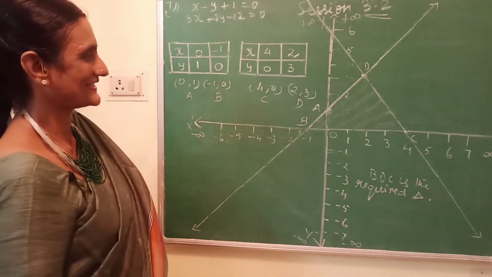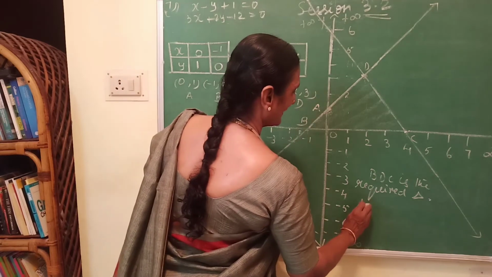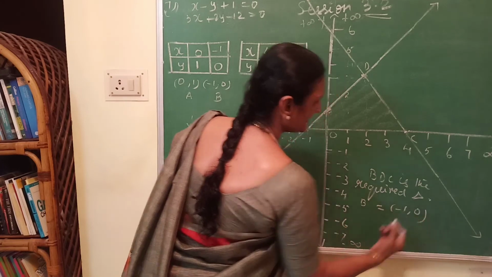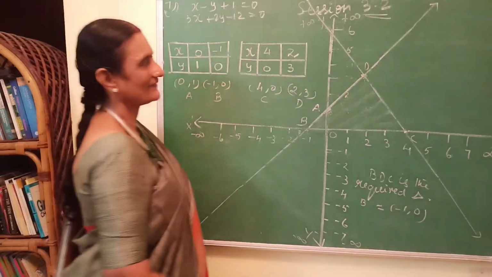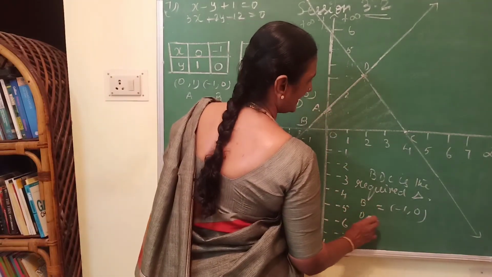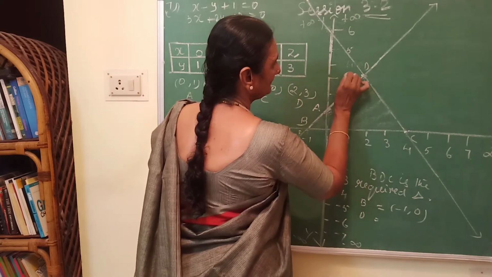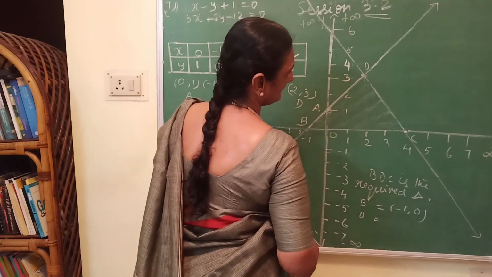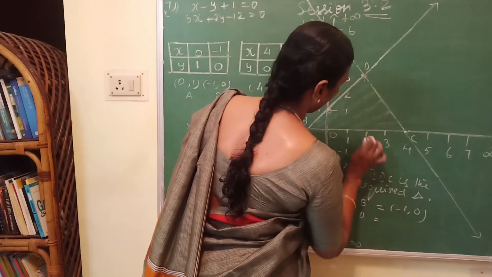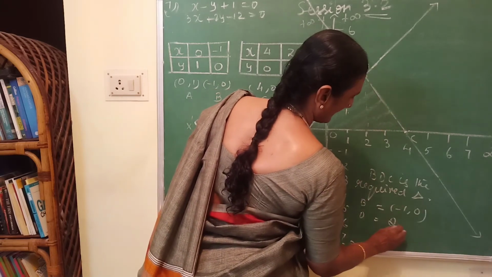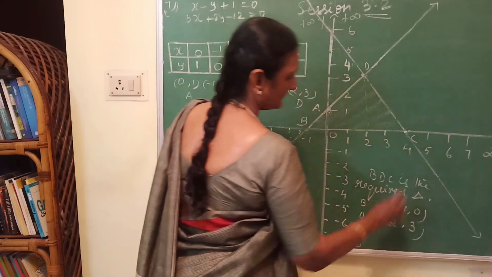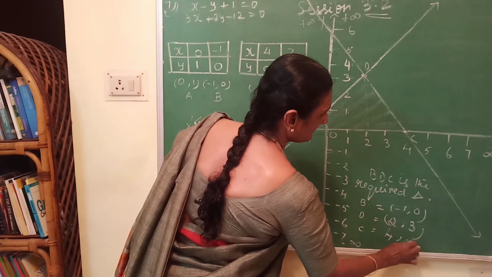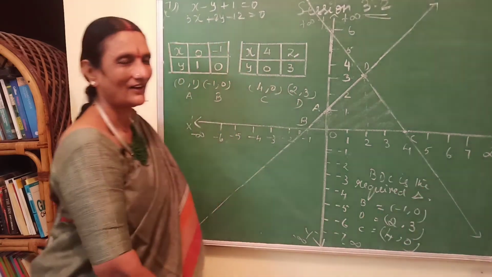Now the vertices. So what are the vertices? B is equal to minus 1, 0. Are you understanding? What is D? D is 2 and 3. So please note it clearly. 2 and 3. X is 2, Y is 3. Now what about C? C is 4, 0. Are you getting it?